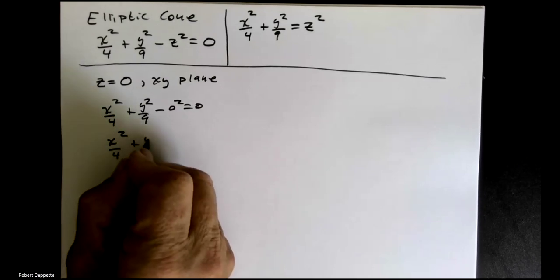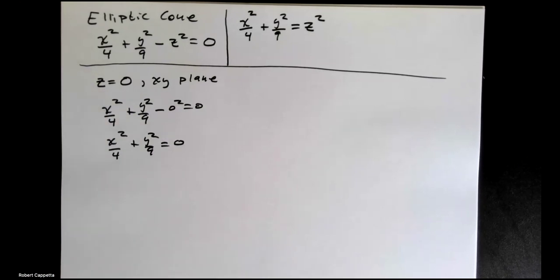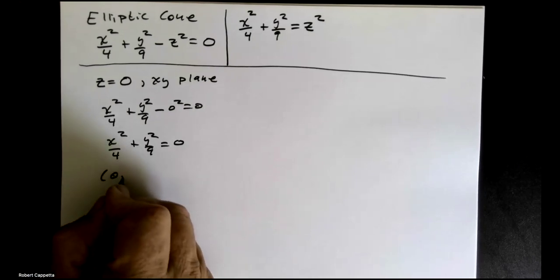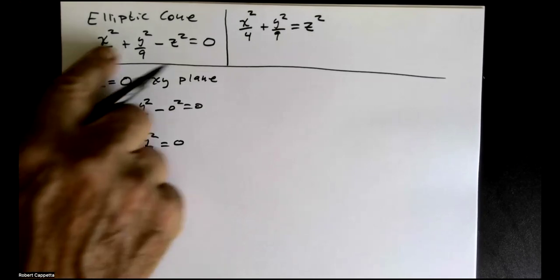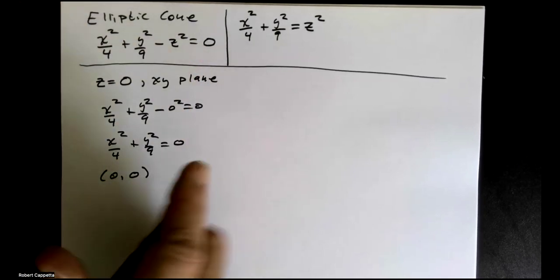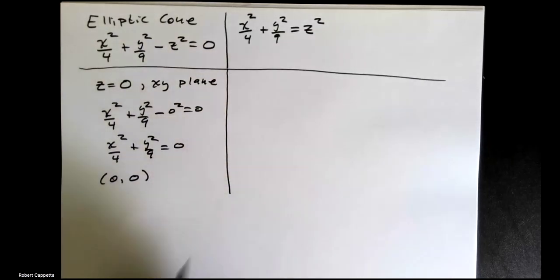X squared over 4 plus y squared over 9 equals 0. What is that? That's just a single point. The only intersection we get there is the single point. So in the xy plane, when this surface intersects the xy plane, the result is simply the point 0, 0.